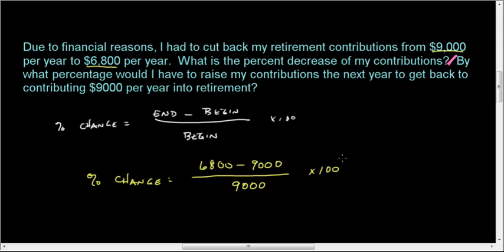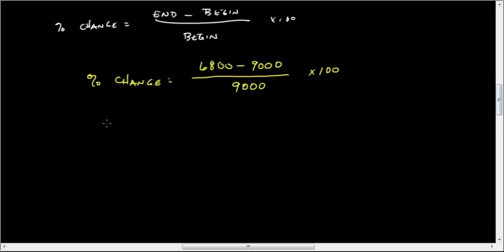And so I can do this in my calculator in steps. 6,800 minus 9,000 equals negative 2,200. So I'm going to do this in the steps. So my percent change is going to give me a negative 2,200 divided by 9,000 times 100.